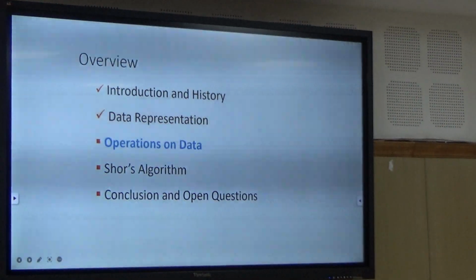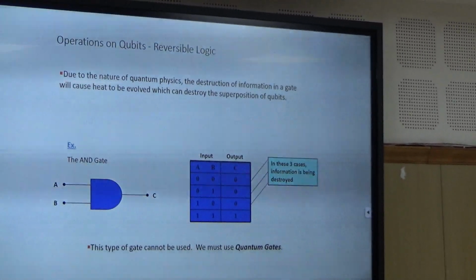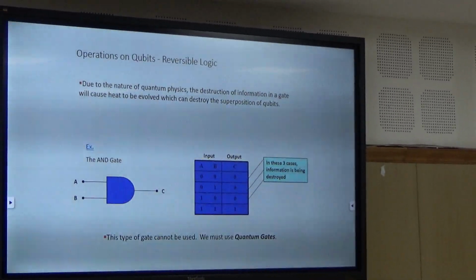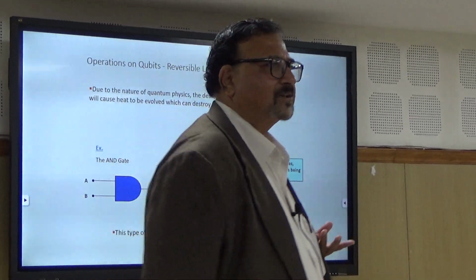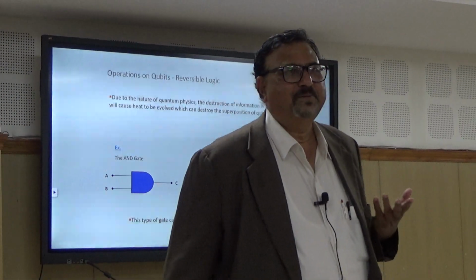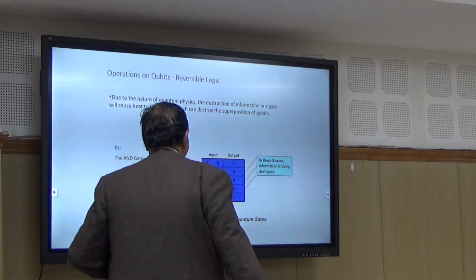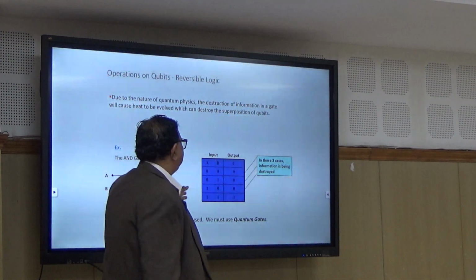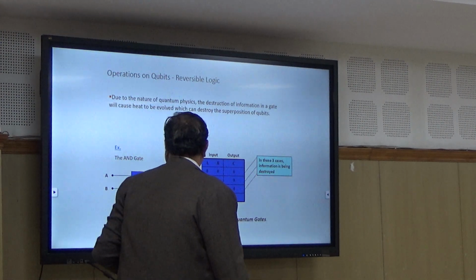So let us come to the operation of the data. You engineers already know this better than or equal to me, because I am a physicist, I used to teach electronics. This is a NAND gate. So this NAND gate logic you can use, right? And we can see the output, right?